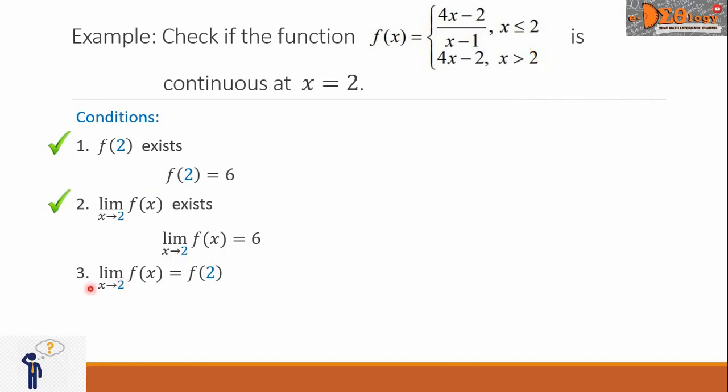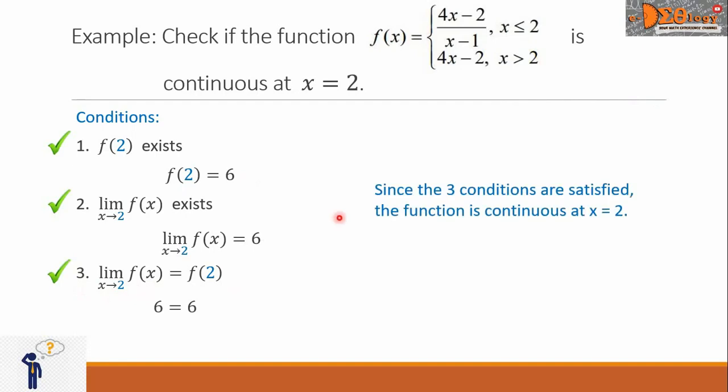Now for condition 3, we will check if the limit of the function as x approaches 2 is equal to f of 2. Our limit is equal to 6 and f of 2 is equal to 6. So condition 3 is satisfied. So we say here, since the three conditions are satisfied, the function is continuous at x equals 2. This is our final answer.